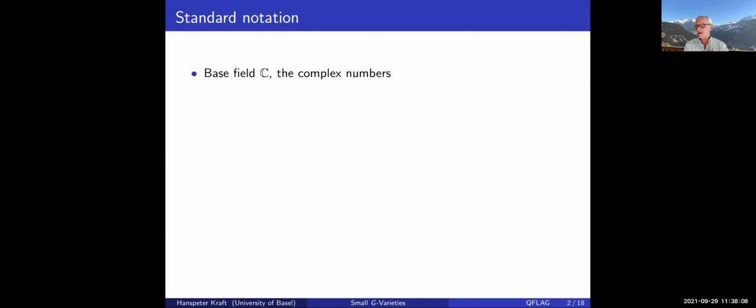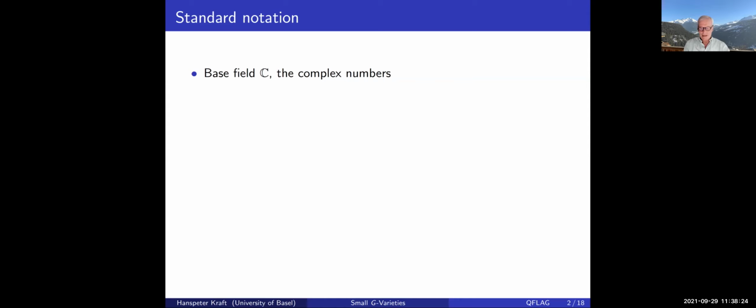Essentially nothing is known. And doing this, we discovered some interesting features which didn't have anything to do with the affine group. And this is what came up, these small G-varieties.